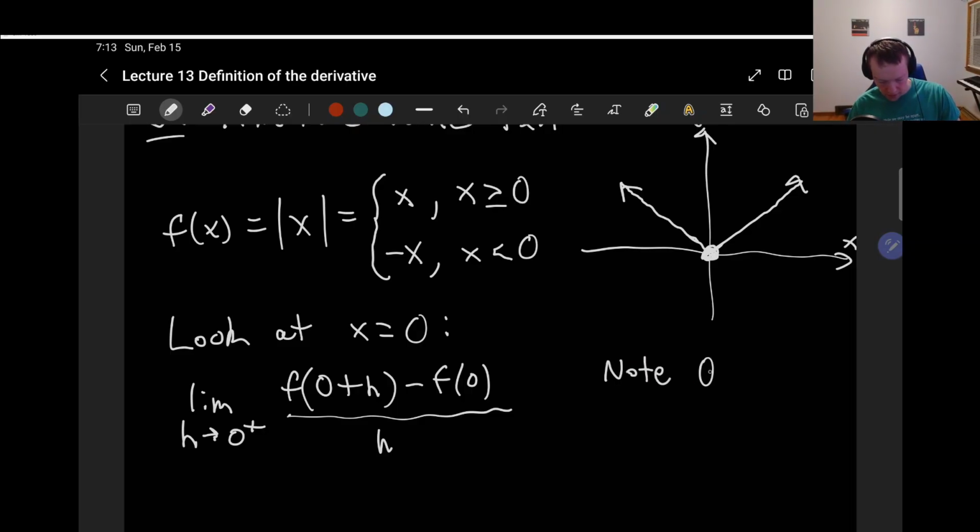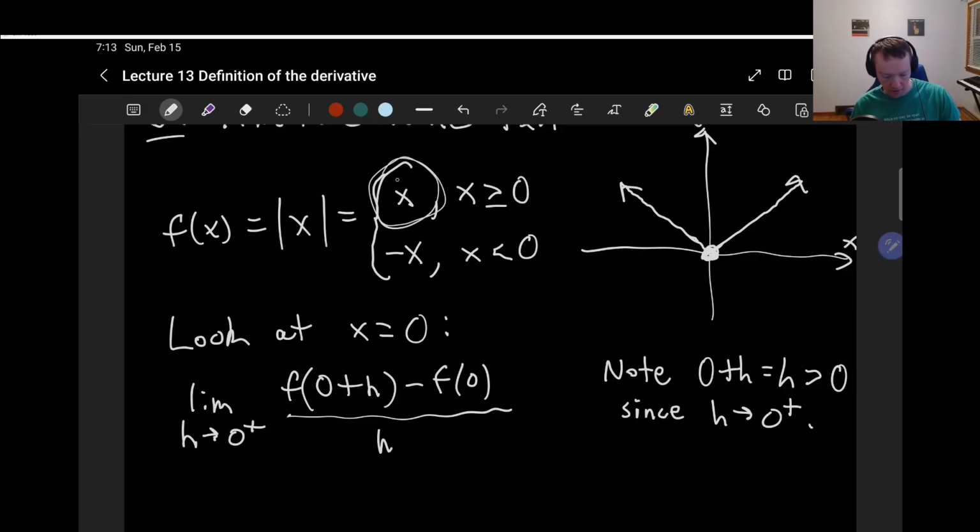So note that 0 plus h, which is of course h, is greater than 0 because we have h approaching 0 from the right.